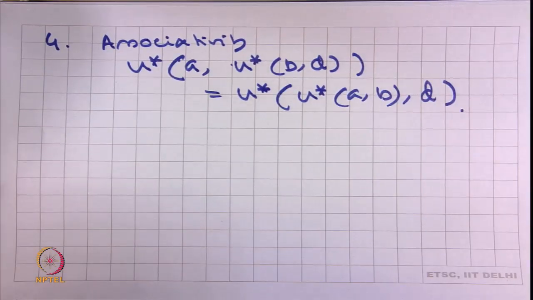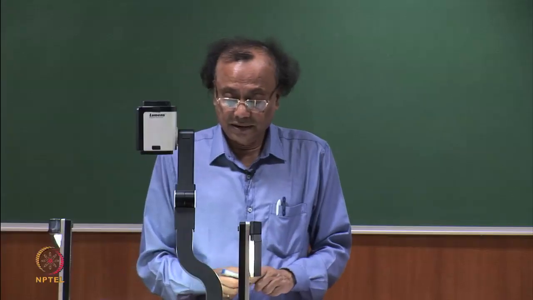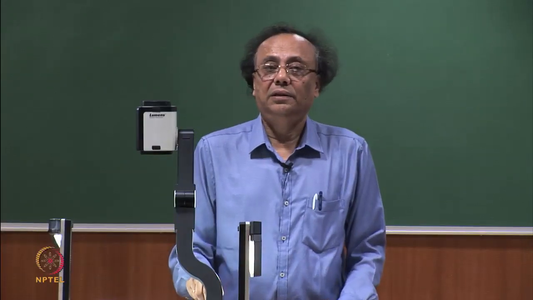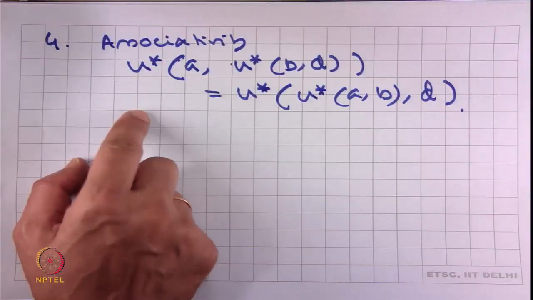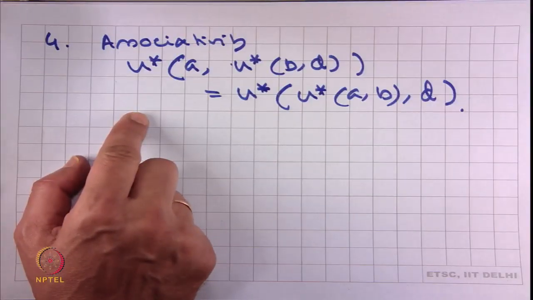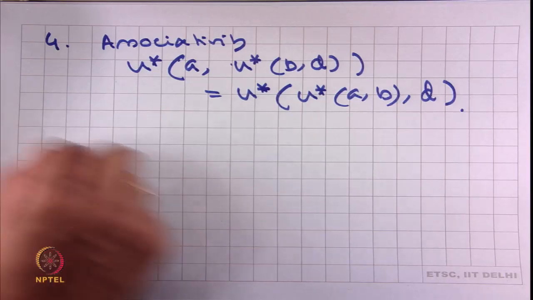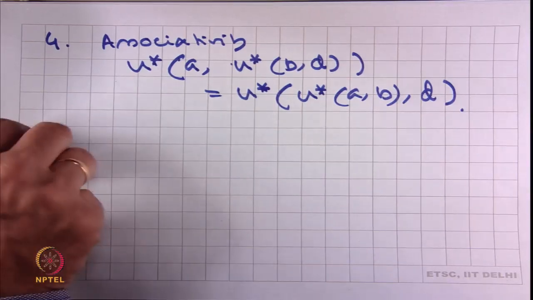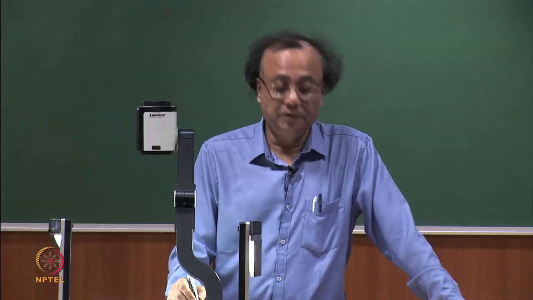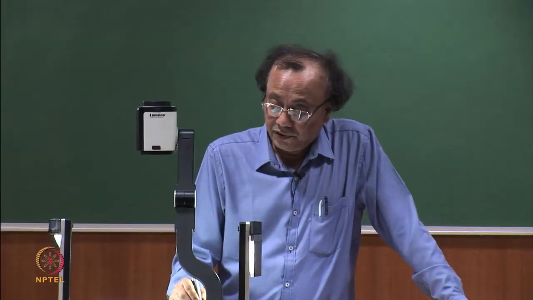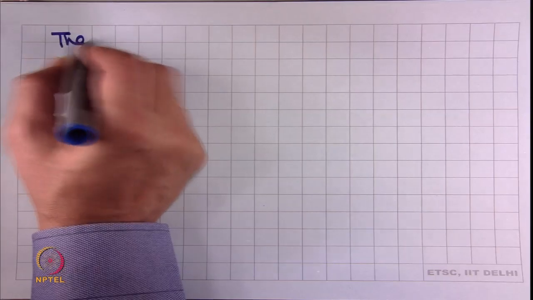I leave this as an exercise, and I want you to apply the definition of U star and different properties of I and C to verify this result. Before I stop today, I state and prove another theorem.